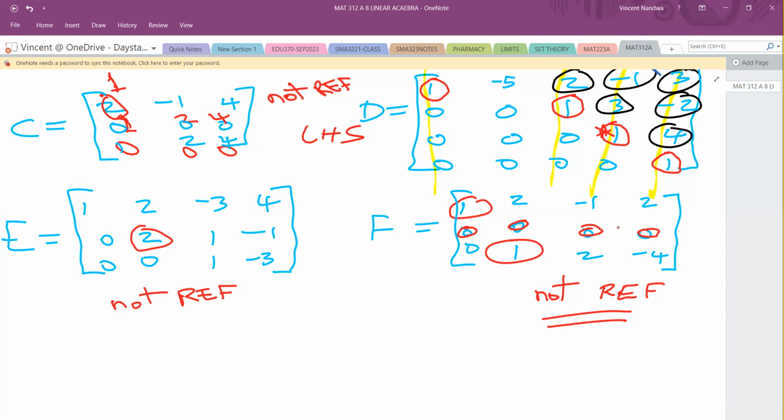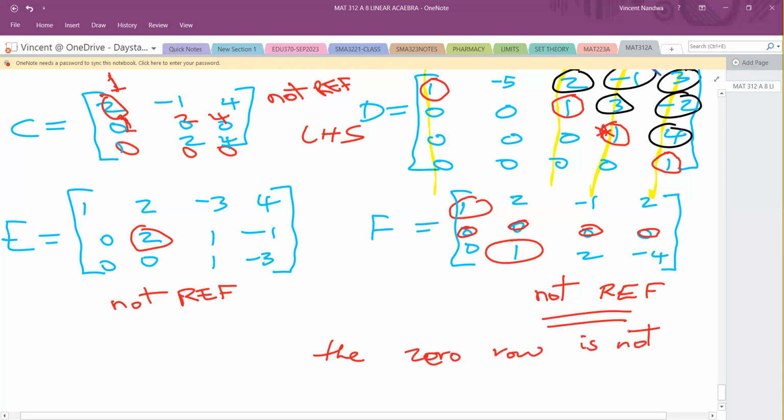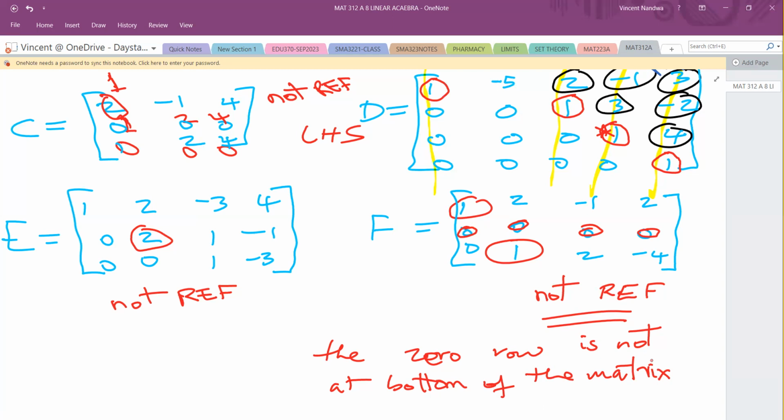And so here, the zero row is not at the bottom of the matrix. If we swap row 3 and row 2, then that matrix will be in row echelon form. If we interchange row 2 and row 3, the matrix will be in row echelon form.